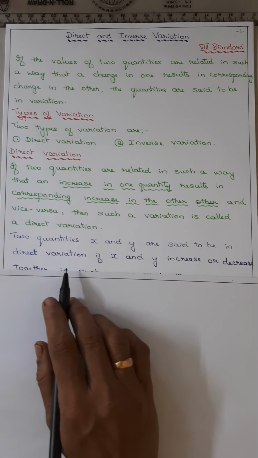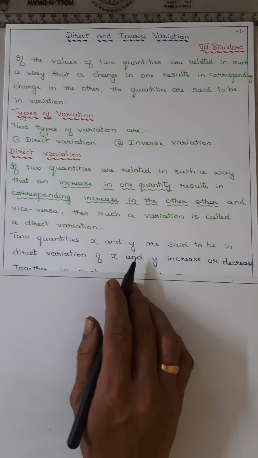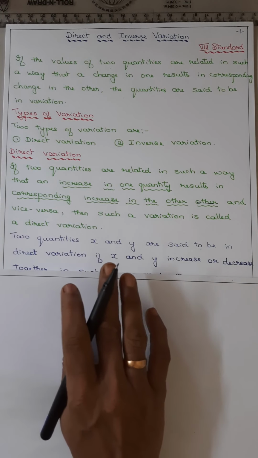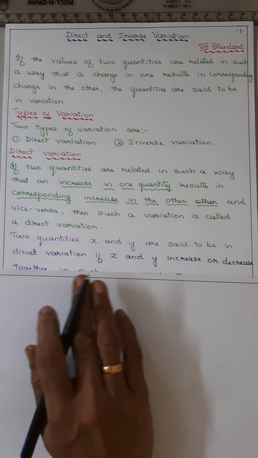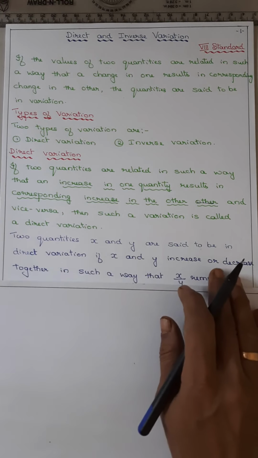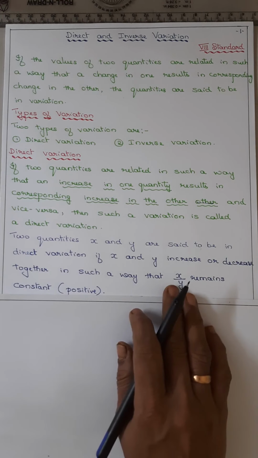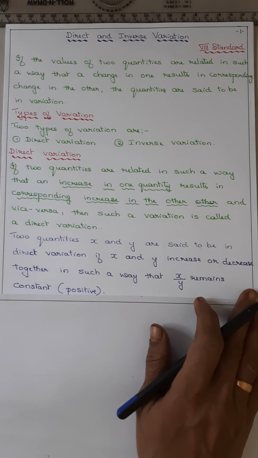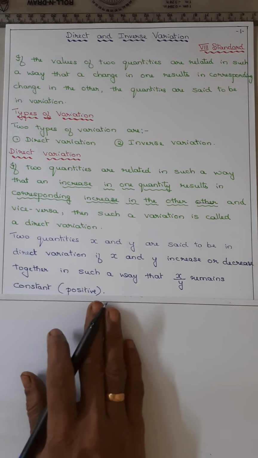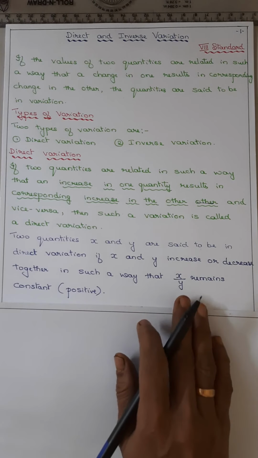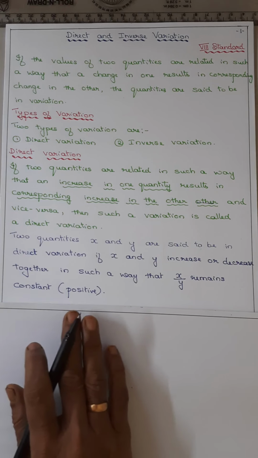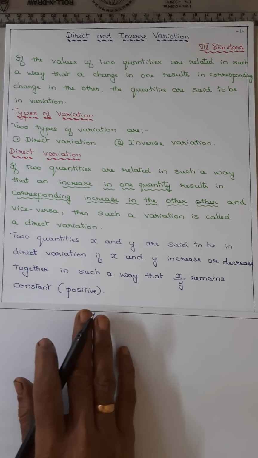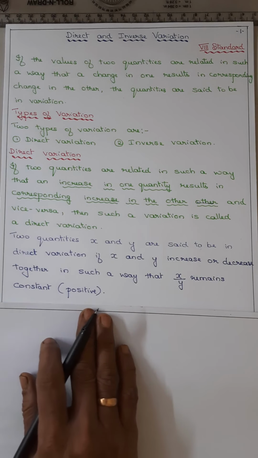Now, two quantities x and y. They are said to be in direct variation if x and y increase or decrease together in such a way that x by y remains a constant, and the constant is always positive.